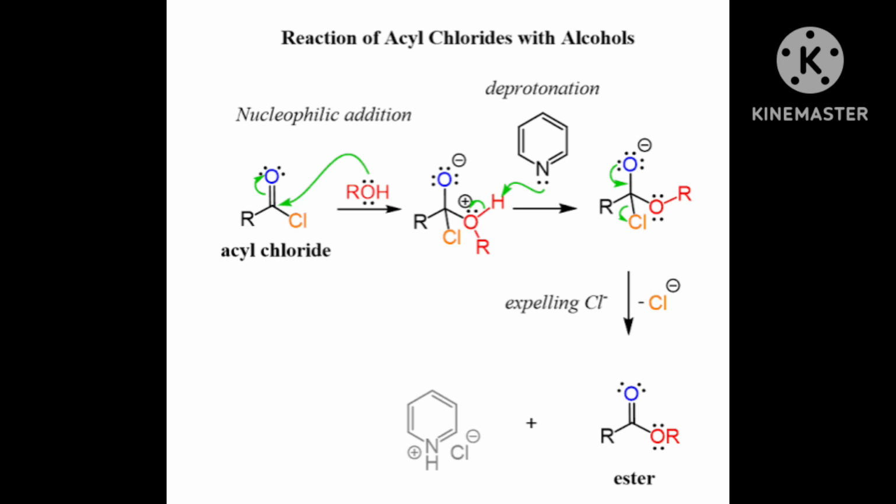That is the acid, and the acid will be neutralized by the base. That's why the base is used, and a suitable base is pyridine. It neutralizes the acid formed during the reaction. Now it shifts the equilibrium to the right-hand side, meaning you will get only ester because HCl is removed.